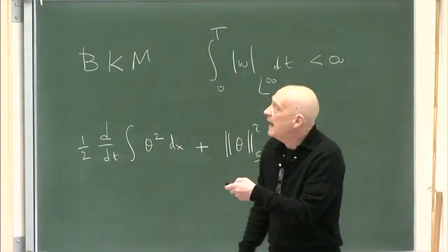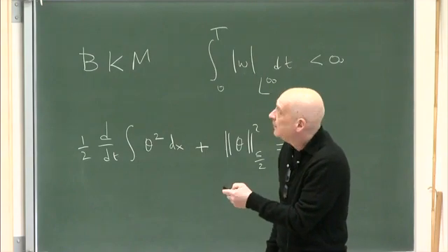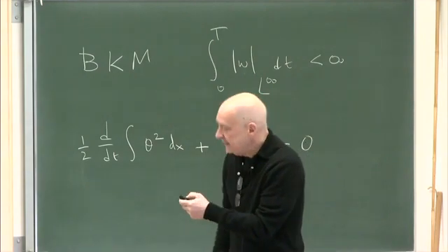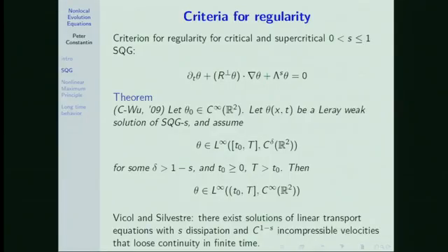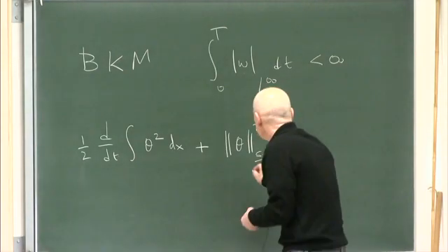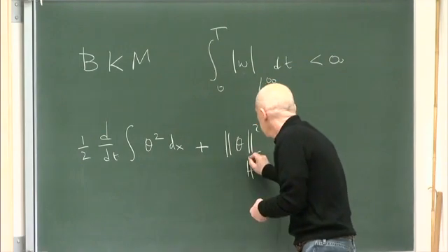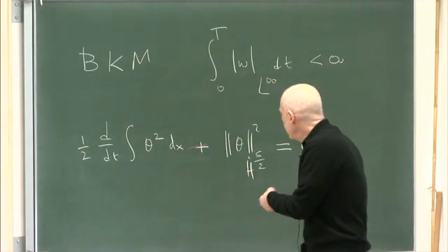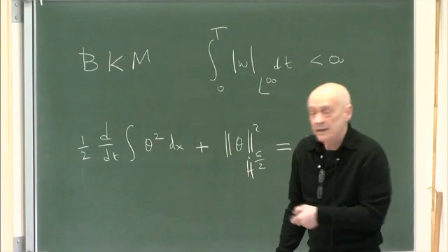This has s derivatives in it. If I multiply by theta, I can take half of those s derivatives and integrate by parts. So I have s over 2 derivatives. Homogeneous space here, so it doesn't matter. So I have this information for free.